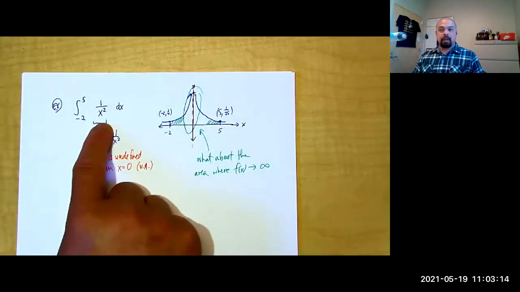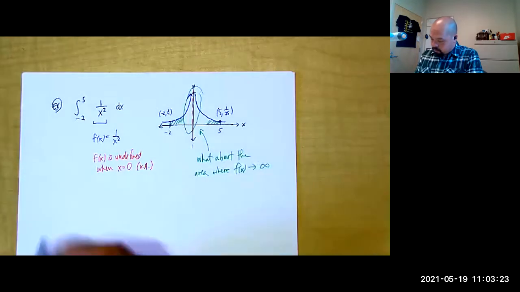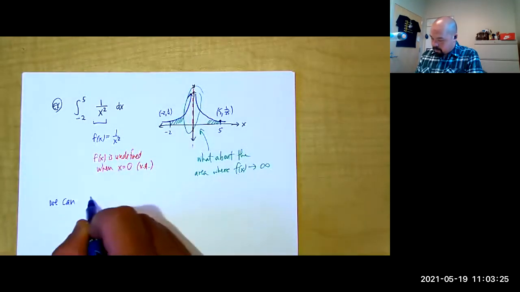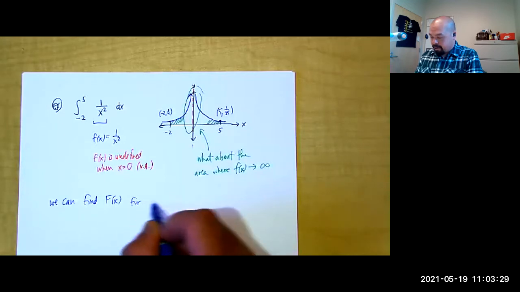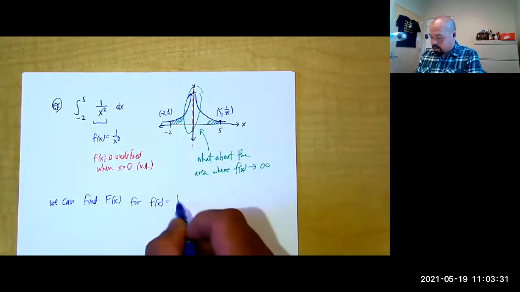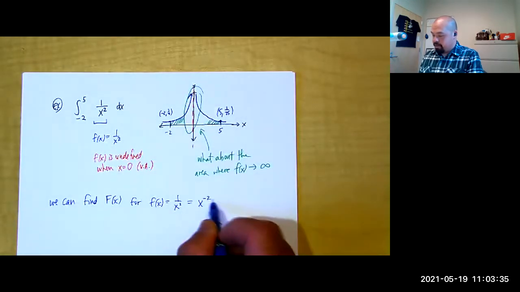So even though we might be able to use our power rule, we might be able to compute, we can find an antiderivative. Right, we can find that antiderivative for this 1 over x squared, because that's the same thing as x to the negative 2.